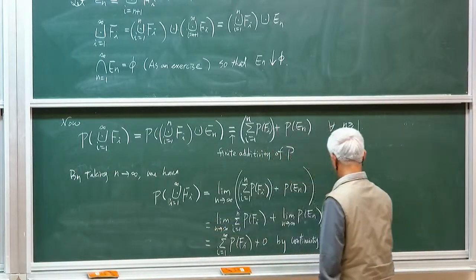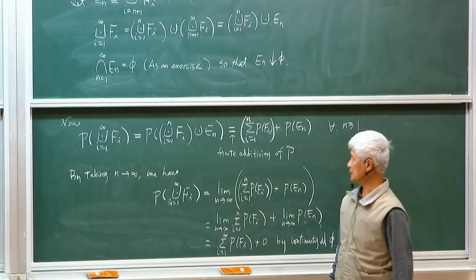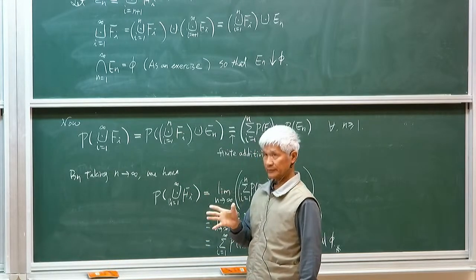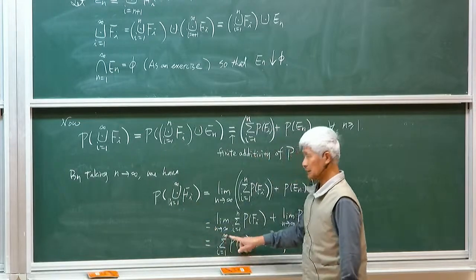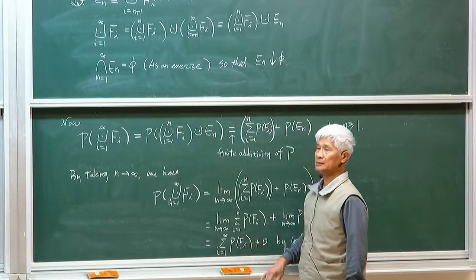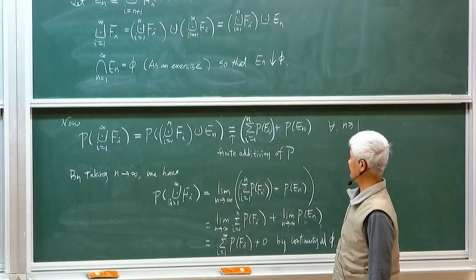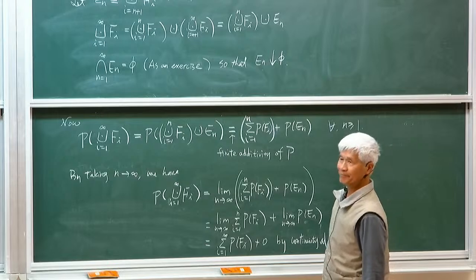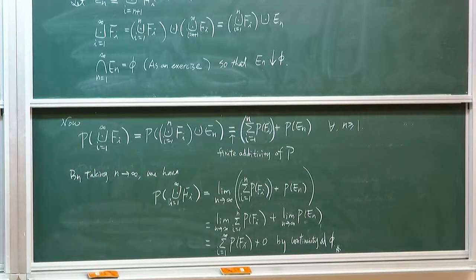This is the countable additivity: for a sequence of mutually exclusive events F_i, the probability of their union is equal to the summation of the probability of F_i. That is the countable additivity. So we proved this proposition.